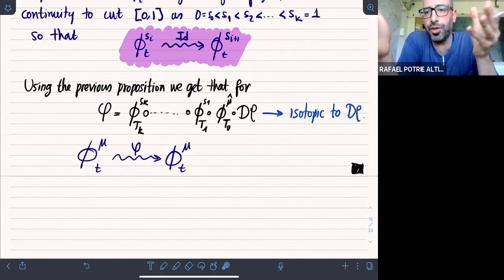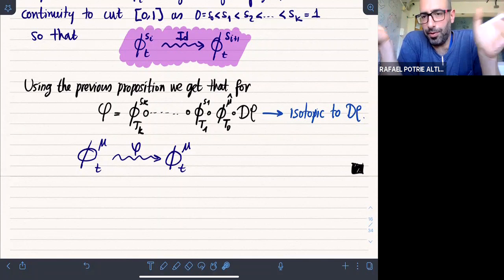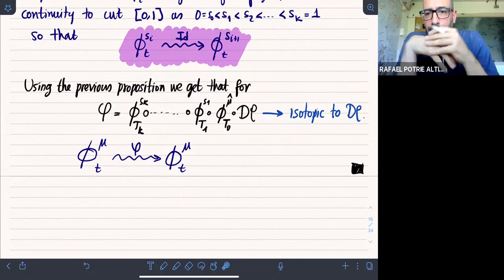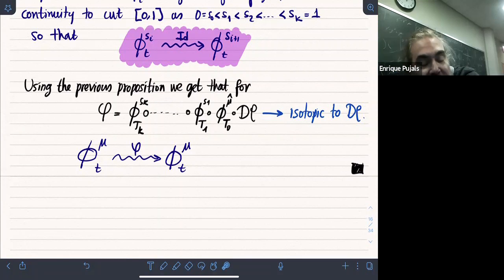But this is an important point. Right now, we know nothing about this example other than it's partially hyperbolic. So it's like if you do the same idea for Anosov diffeomorphisms, you are taking a correction of an Anosov diffeomorphism and started with any diffeomorphism D phi that you want.